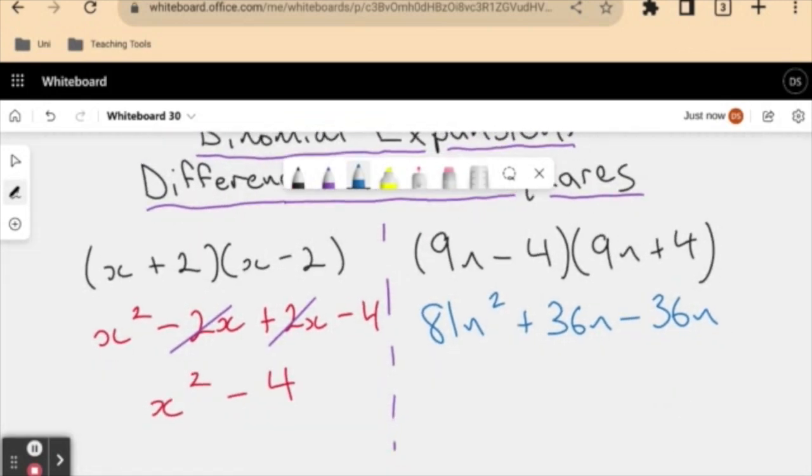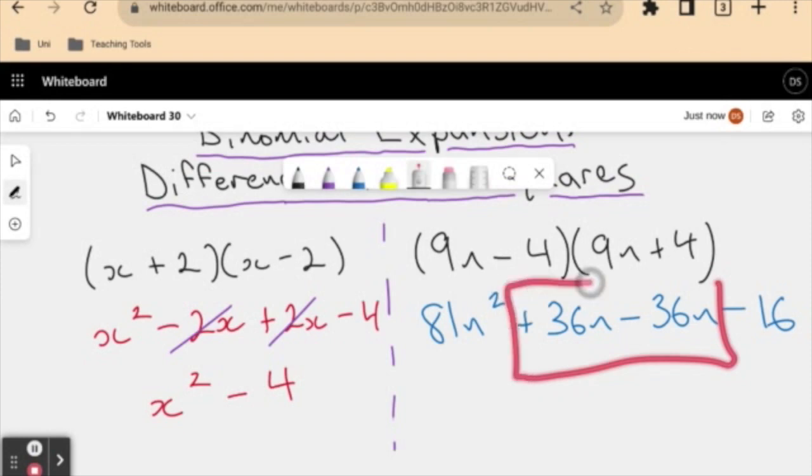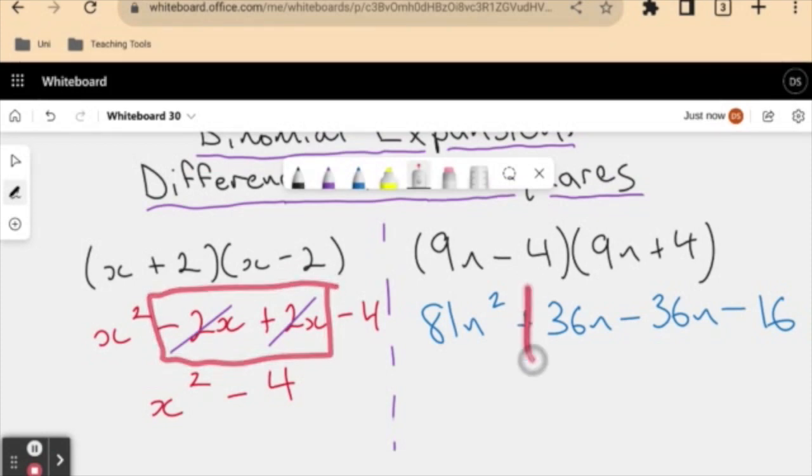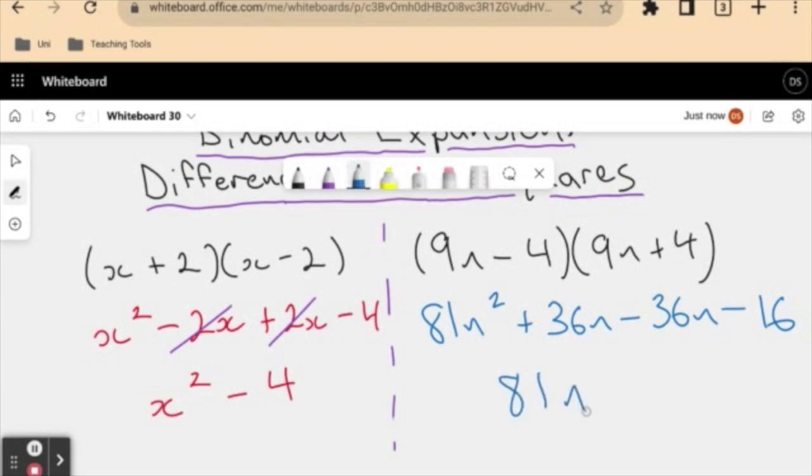And our final terms, our negative 4 and our 4 are going to multiply, so we'll get negative 16 here. But wait a minute. Once again, we have this relationship in the middle. In this example, our middle two terms cancelled out. Here, we have a positive 36n, and from that we're going to subtract 36n. Once again, that'll lead us to 0. So I'm left with 81n squared minus 16.